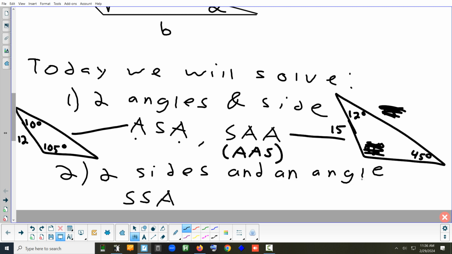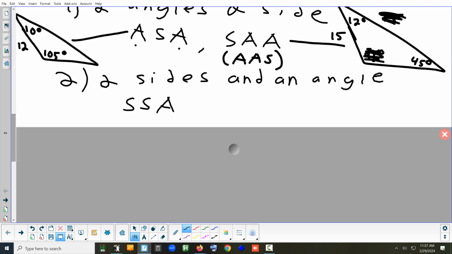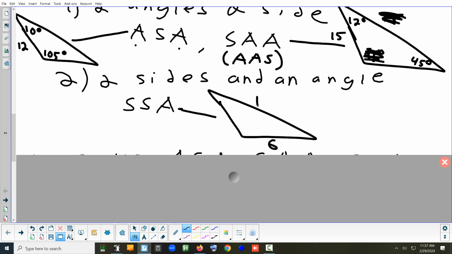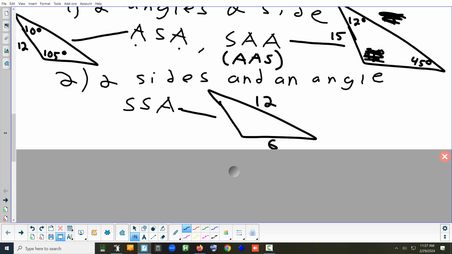And then the other type, this one's a little bit different. They give you two sides and an angle, and it has to be that way. It has to be two sides that you know, like 6 and 12, and the angle that they give you cannot be between the two sides. So it cannot be the one in the lower right.